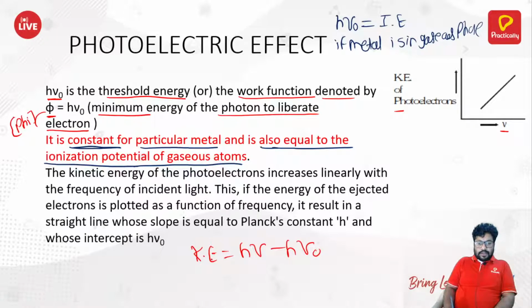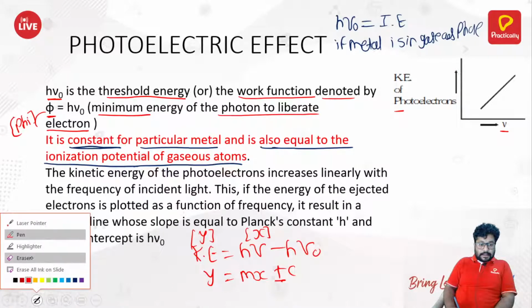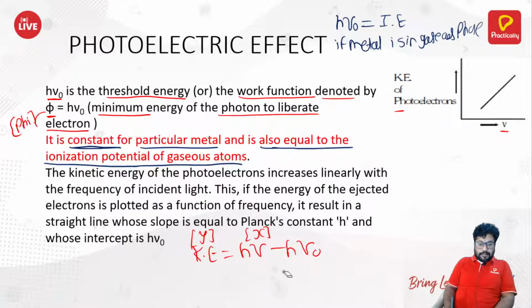So kinetic energy is on the y-axis, nu is on the x-axis. Do you know the equation y is equal to mx plus c? In this particular case, y is not equal to mx plus c. Here, y is equal to mx minus c.